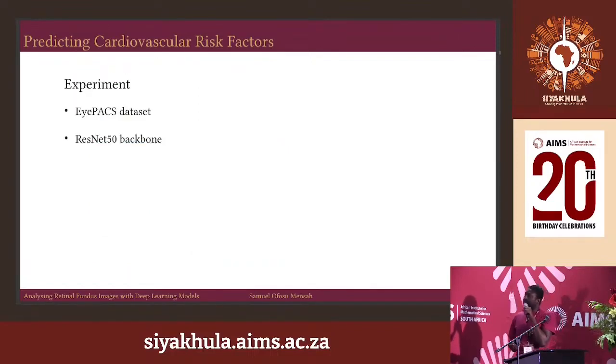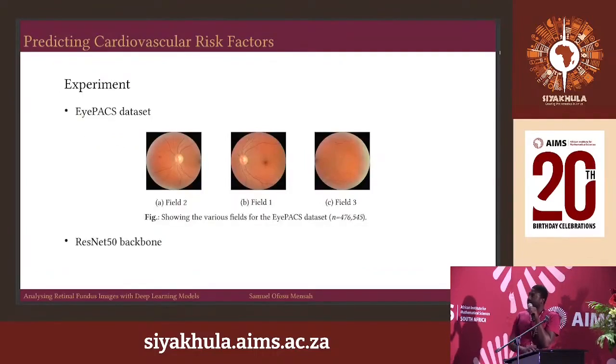So in this experiment, we also used the IPAX dataset, and again, the ResNet 50 backbone. And the dataset had various fields labeled as field 1, field 2, and field 3. So field 1 has both the optic disc and the fovea showing in the center of the image.